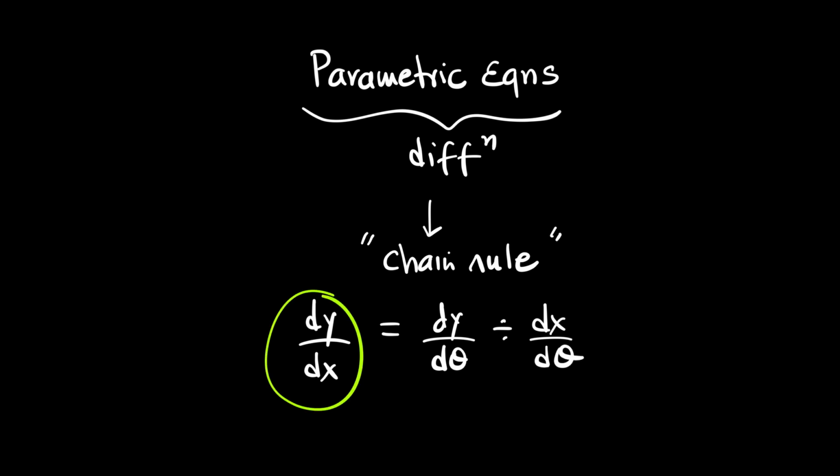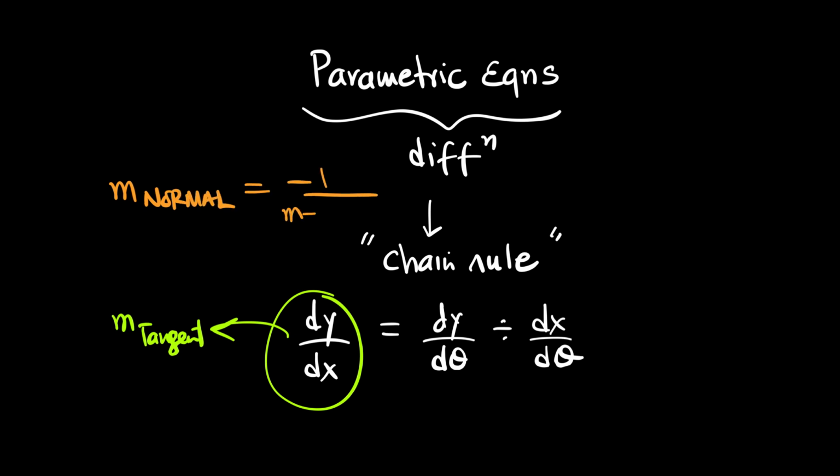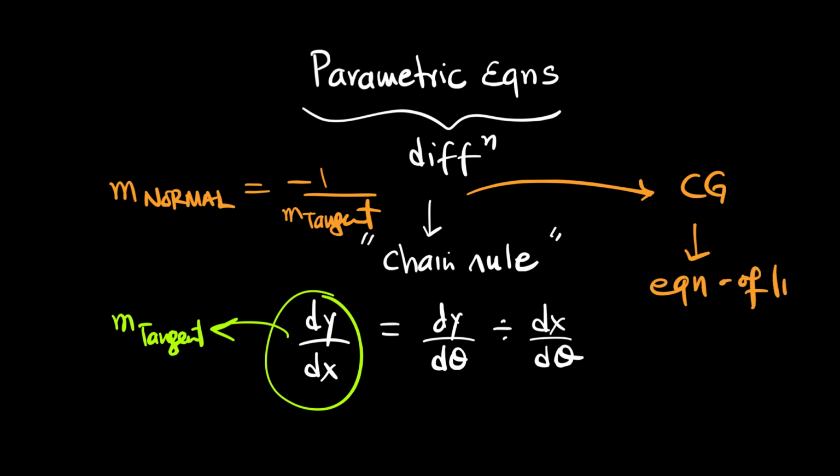And we should also be aware that dy by dx is the gradient of the tangent, and the gradient of the normal is the negative reciprocal of the gradient of the tangent. And we have applied coordinate geometry to find the equation of a line, which could be the equation of a tangent or the equation of a normal.